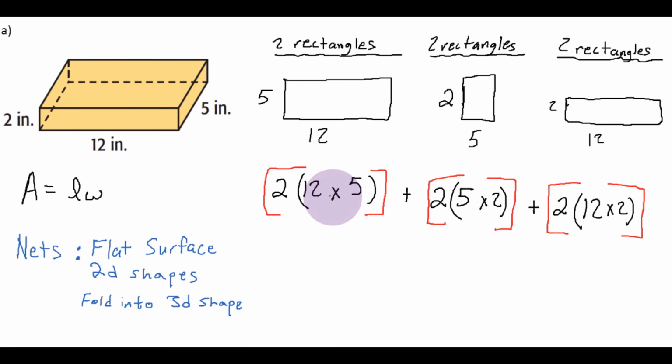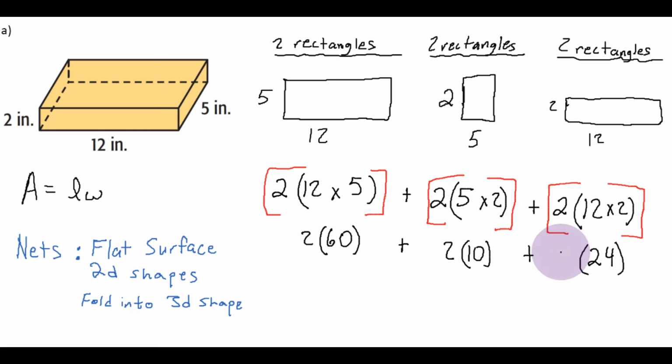So let's just work within the parentheses first. I have 12 times 5, which gives me a value of 60. I want to change back to my black pen real quick. So I have 60, and then I'm going to multiply 2 times 60. Then we'll add that to, well, 5 times 2 is 10. We have to multiply that by 2 or double it. And also, 12 times 2 is 24, and we'll double this information. I'm still going to keep the brackets for now. So let's go ahead and back down here.